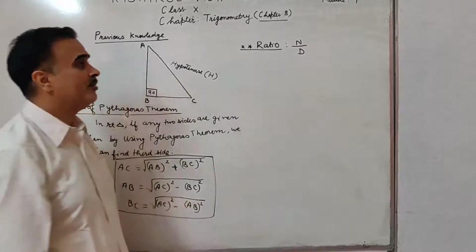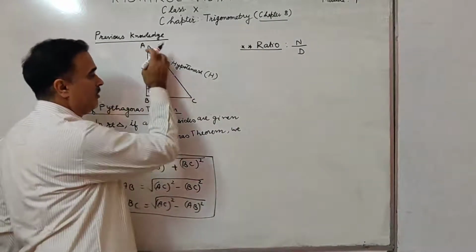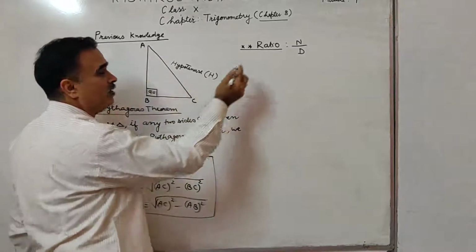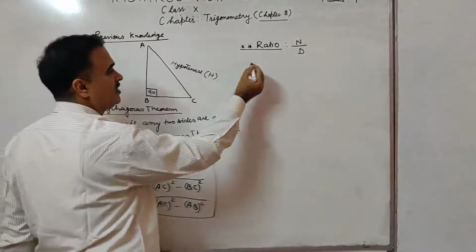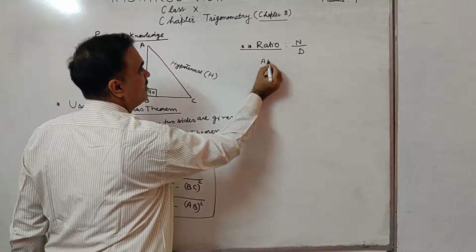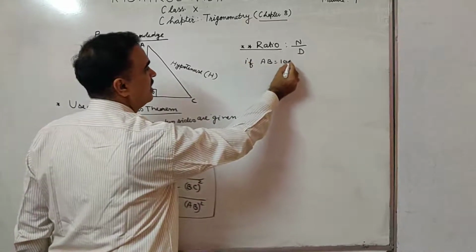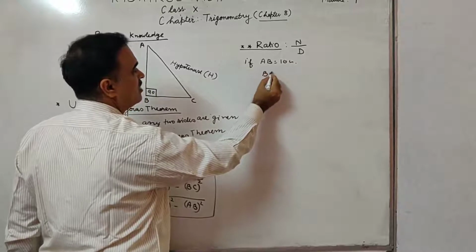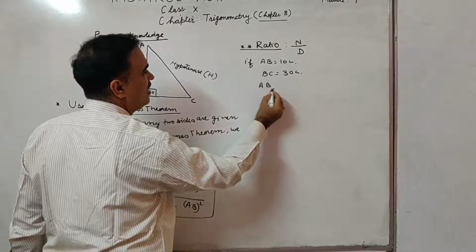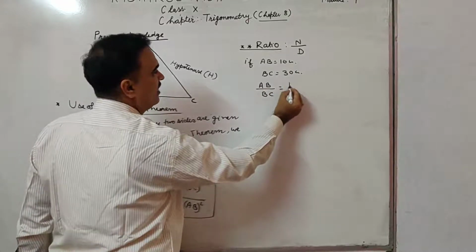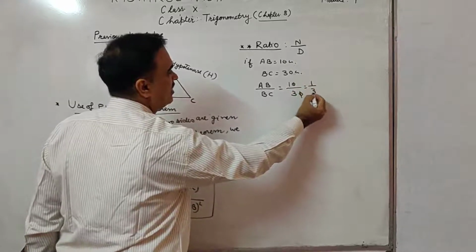If this is a right triangle, there are three sides, and if we are taking ratio of any two sides, for example, AB equal to 10 centimeter and BC equal to 30 centimeter, if I want AB upon BC, then it is 10 upon 30, and this cancels out, it is 1 by 3.